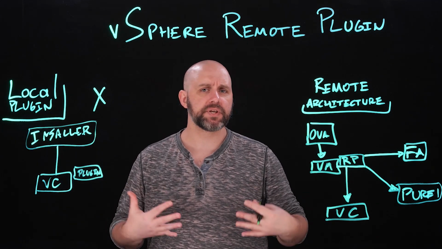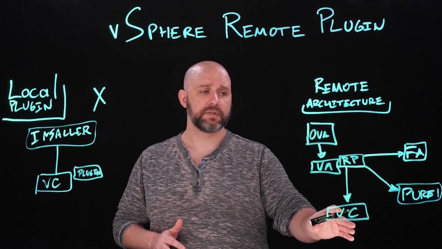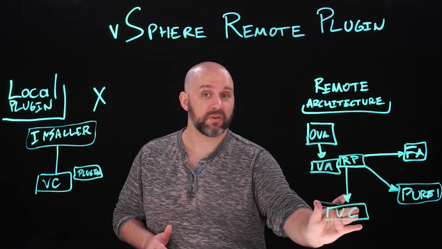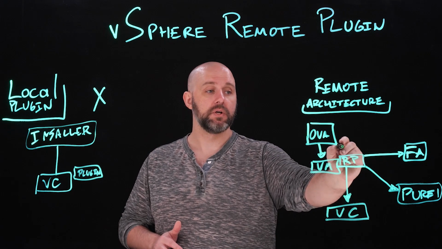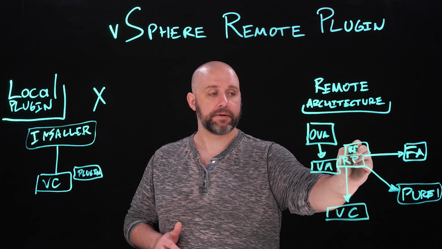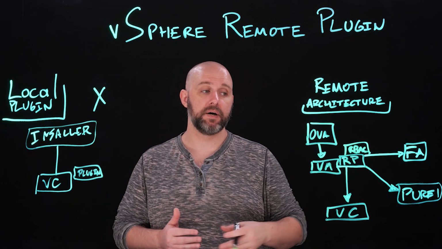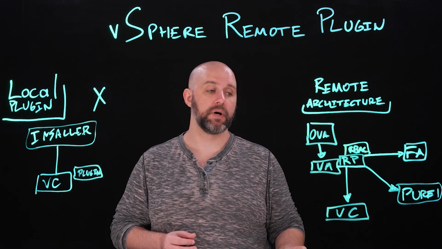So while the installation and setup process is a little bit more involved than the local plugin, it's more secure and provides fewer vulnerabilities within the vCenter server itself, but also allows us to not have to store anything locally within the vCenter, so we can offer role-based access control, RBAC, and be able to push new features and new updates more dynamically through the software update in the appliance itself as well.